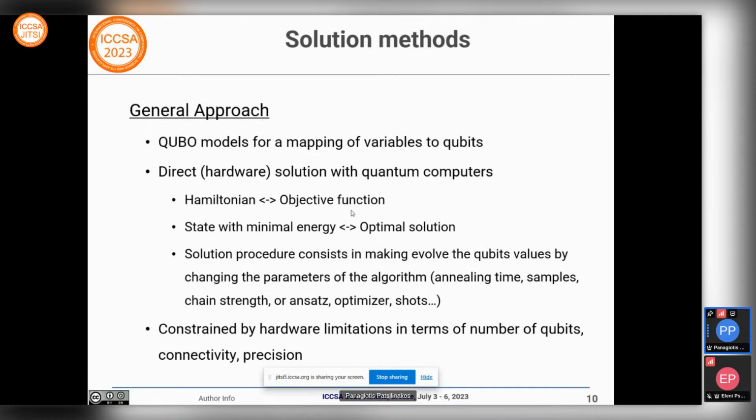So this strongly depends on the machine we are using. It's generally limited in terms of number of qubits and also their precision level. And in D-Wave machines, like the ones we are using, we also have a limit on the connectivity of the qubits between each other.